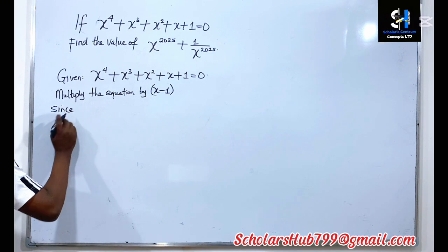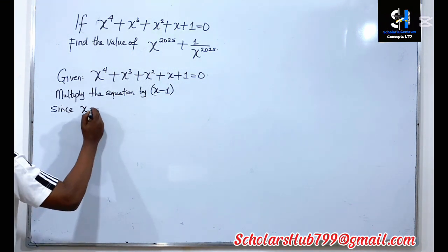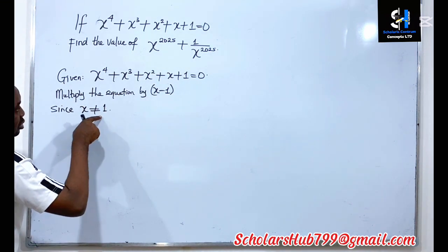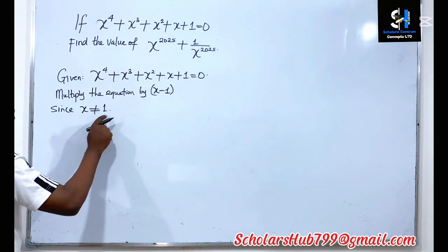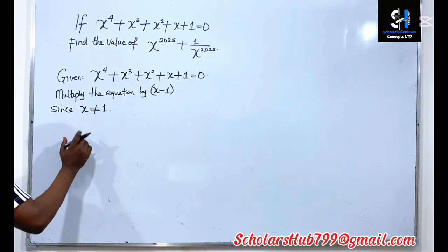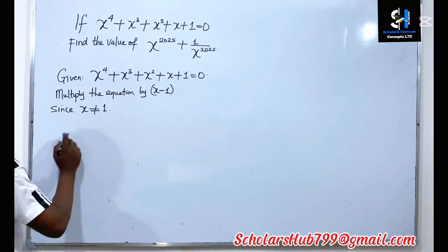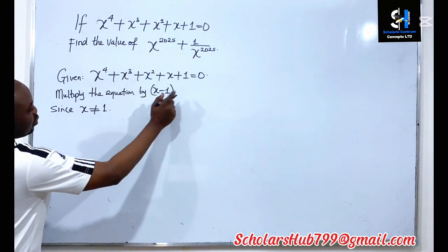Since x is not equal to 1, that is, x cannot be equal to 1, like I said, let's multiply this by x minus 1.